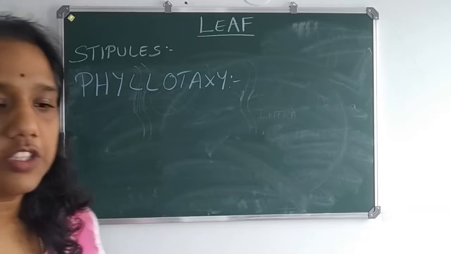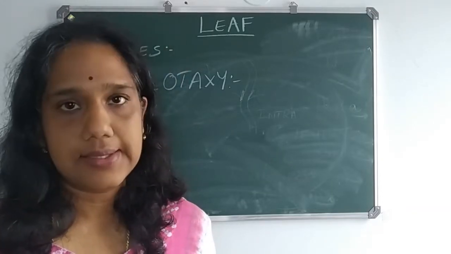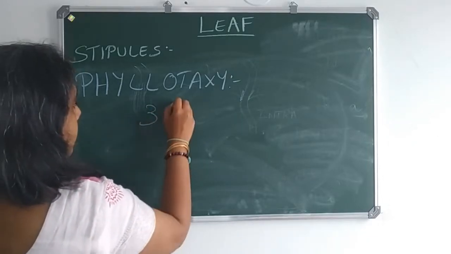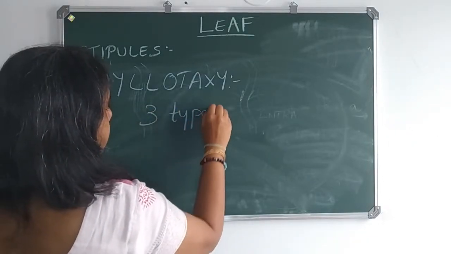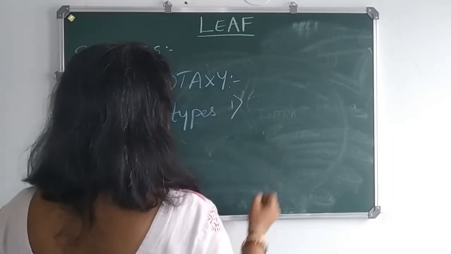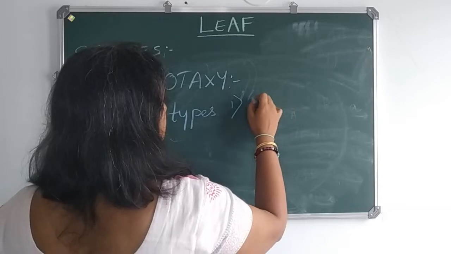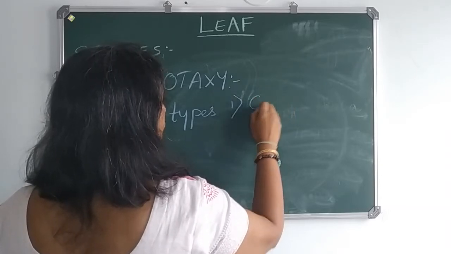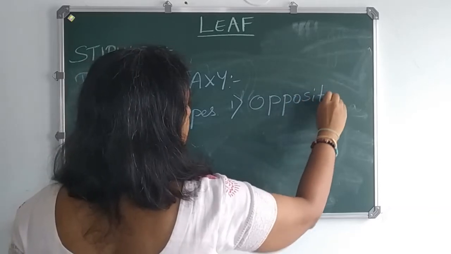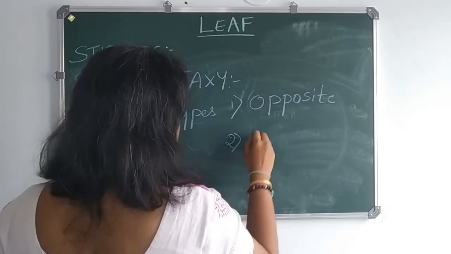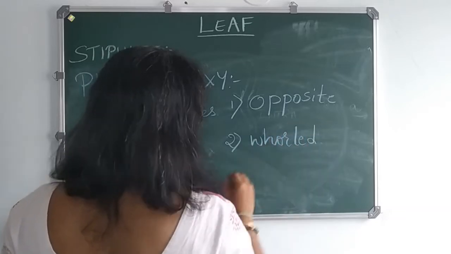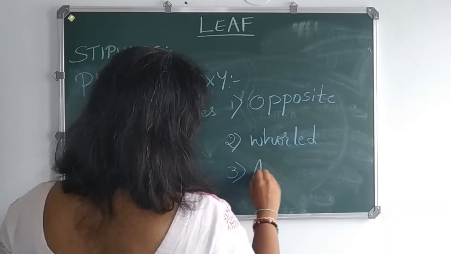Basically there are three types of phyllotaxy which we notice in nature. One of them is opposite, one is whorl, and the third one is alternate.